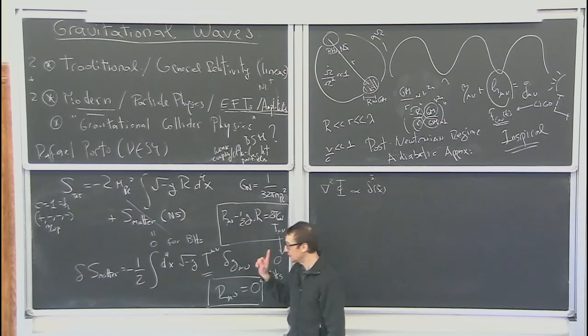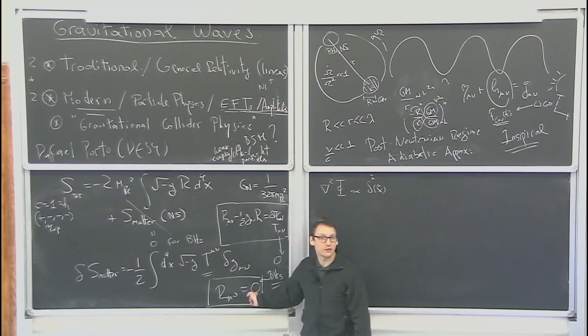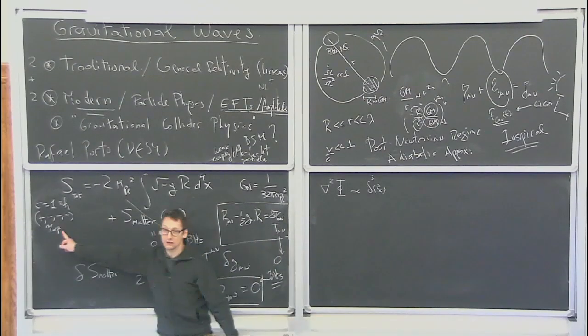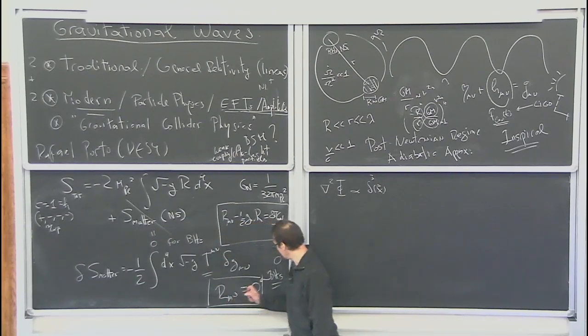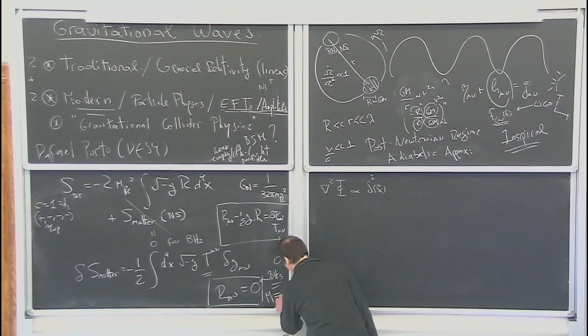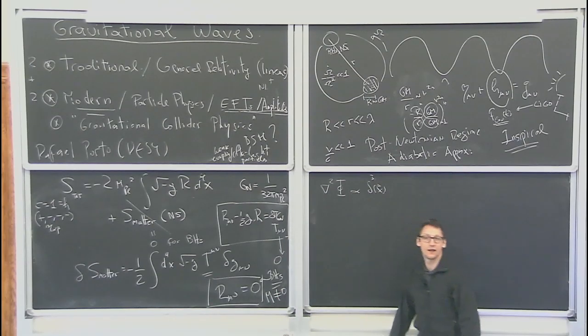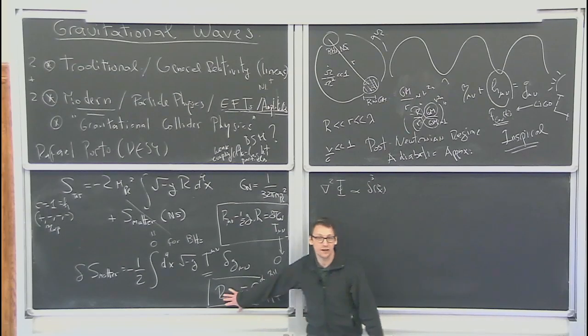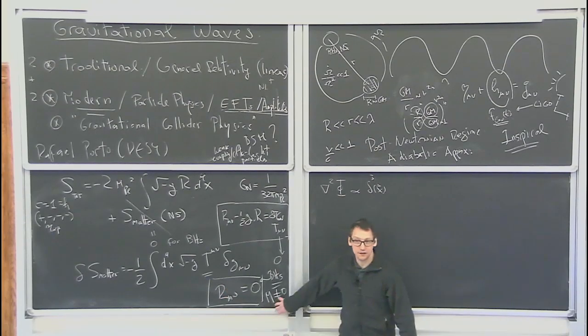But wait a minute. For a black hole, where is the source? No source. So flat space is a solution of these equations. But so is a black hole. And a black hole with mass which is not 0. Where the heck did the M come from? This is scale invariant. We break in scales.